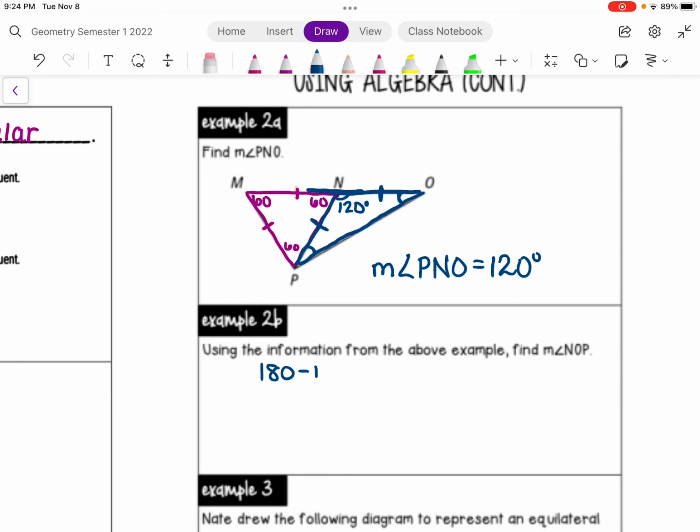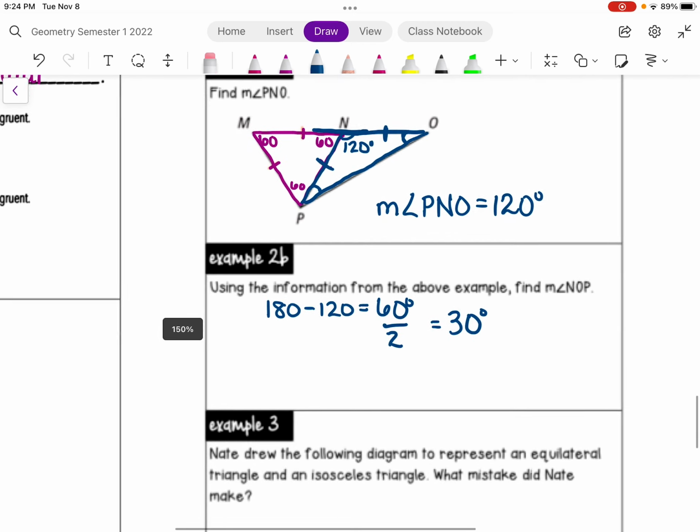So 180 minus 120 is 60 degrees. But I must split that 60 degrees evenly between 2 angles. That means I divide by 2. So each of those angles must be 30 degrees.